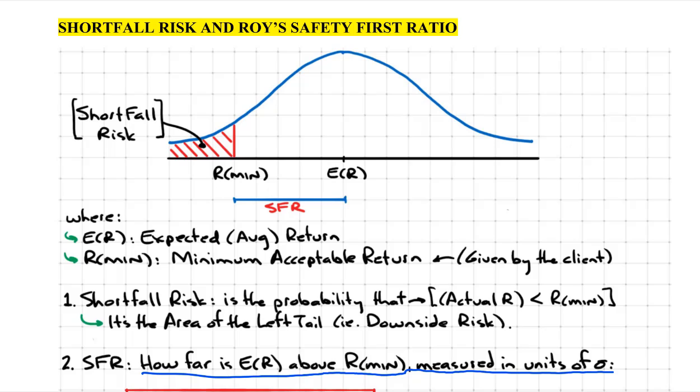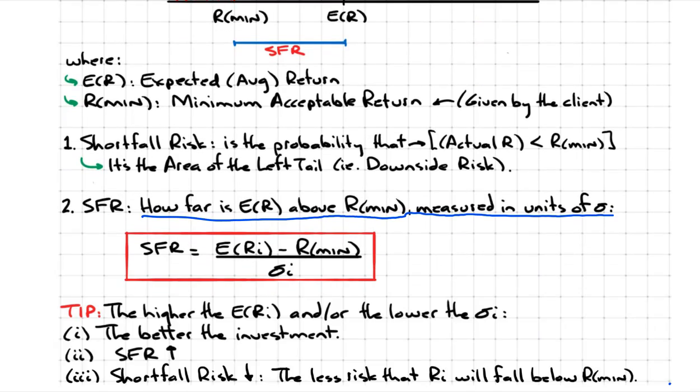Because we're scaling it. So in other words, for example, if I tell you that the distance between the expected return and R min is, let's say, 5%, how do we know if that 5% represents a big deviation or a small deviation? Well, when we compare that deviation to the standard deviation of the return, that sort of scales it. In other words, it puts it into perspective with respect to how far the gap is, again, between the expected return and R min.